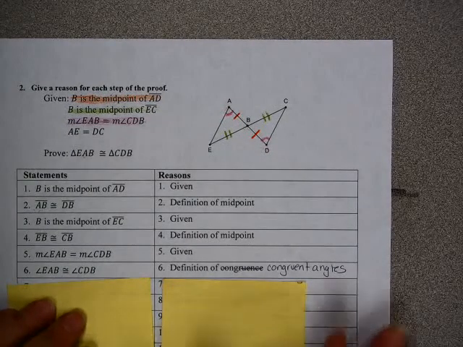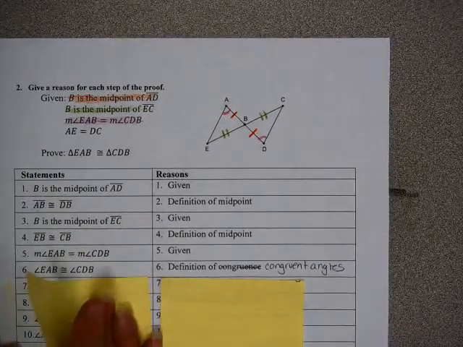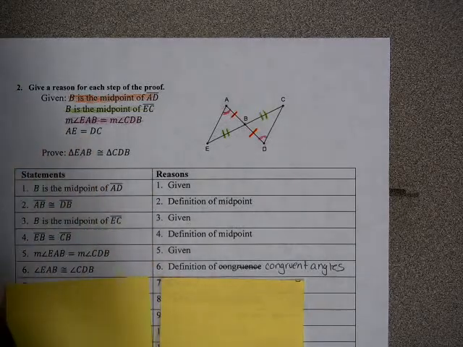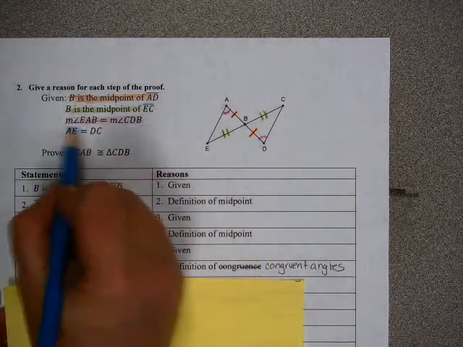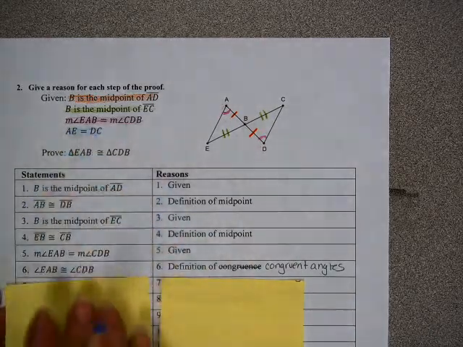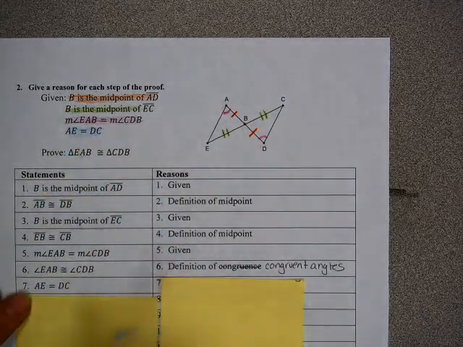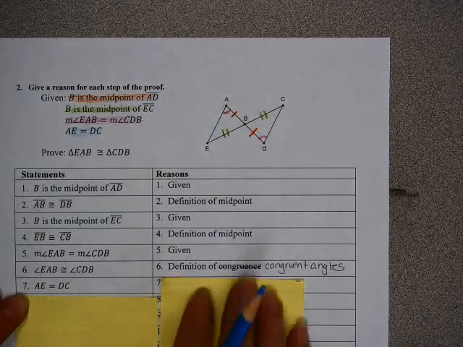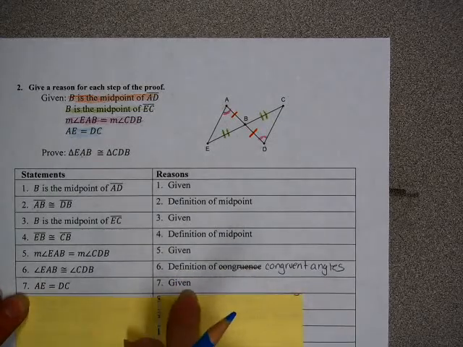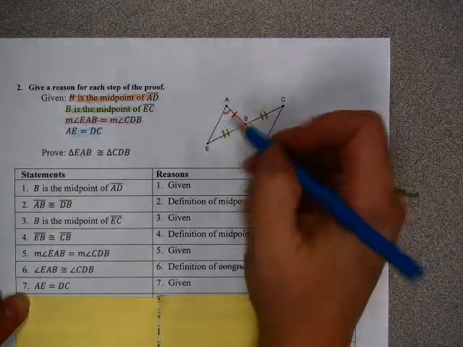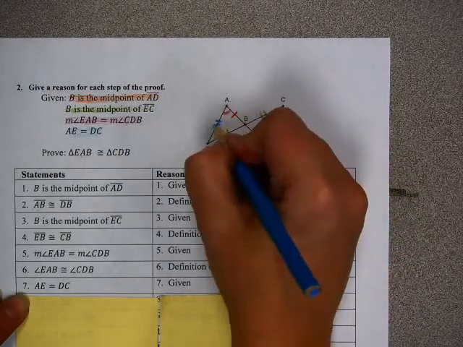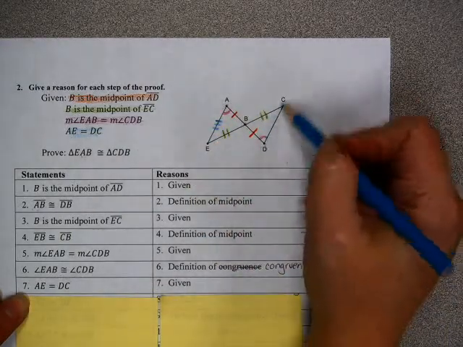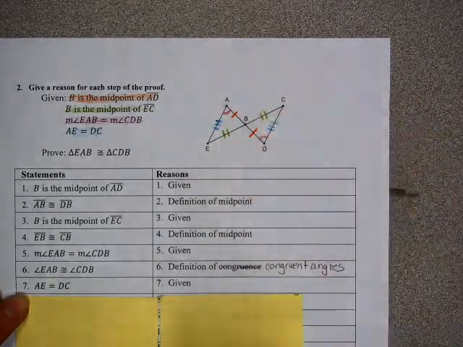Okay, now that's all I can do there, so I'm going to go up here and use my next given statement. And my next given statement I'm going to highlight in blue. Okay, so AE is equal to DC, so those are equivalent. AE, 1, 2, 3, and DC, 1, 2, 3.